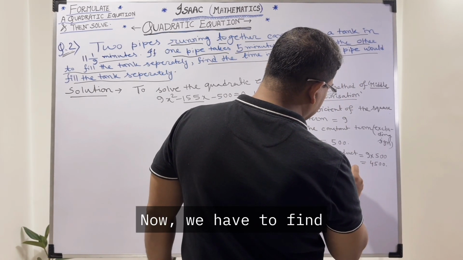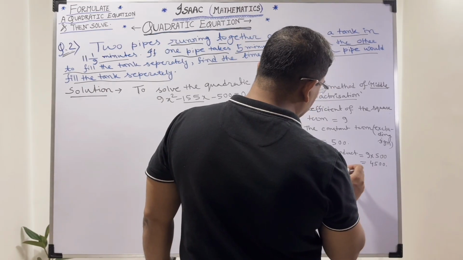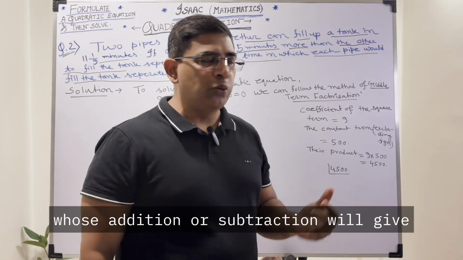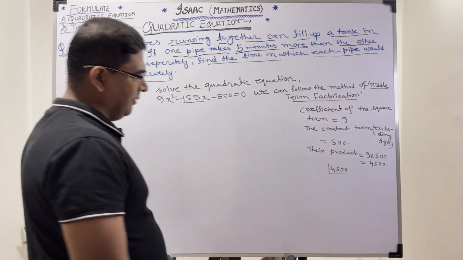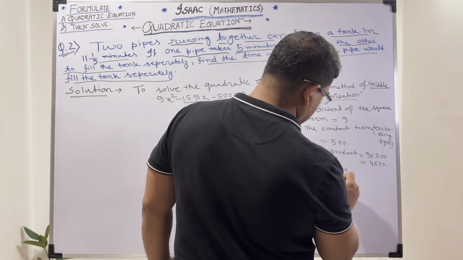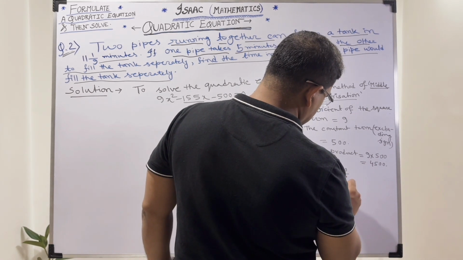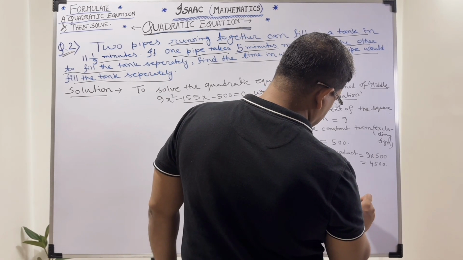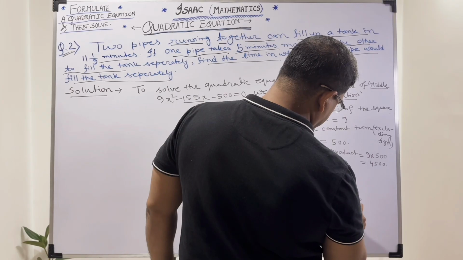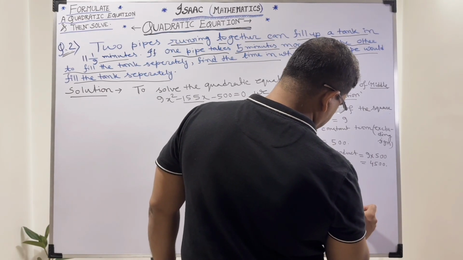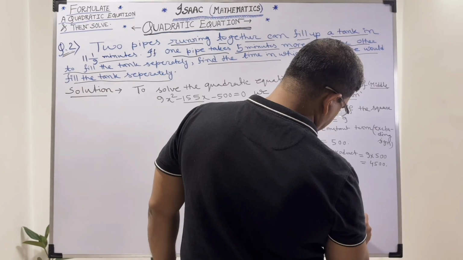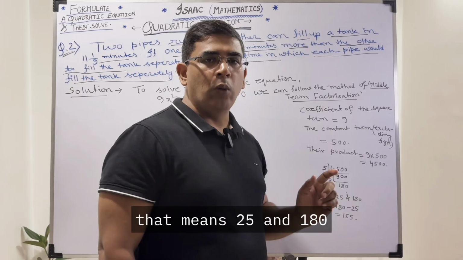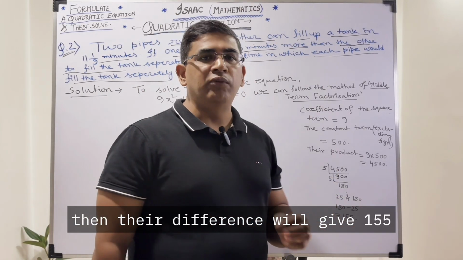Now we have to find two such factors of 4500 whose addition or subtraction will give this 155. Now, if we choose these two factors, that means 25 and 180, then their difference will give 155.